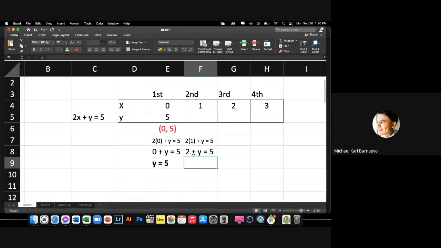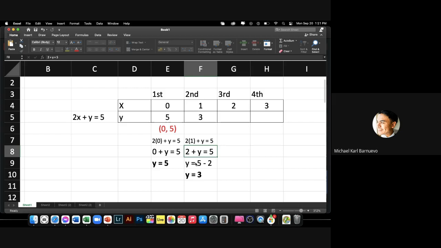We will be moving this number to the other side. And when we move this number to the other side, yung kanyang positive and negative will change. So if this is positive, it will now become negative. So y is equal to 5 minus 2. That is 3. So y is equal to 3. Okay? Ayan. 5 minus 2 is 3. So we put 3 here.